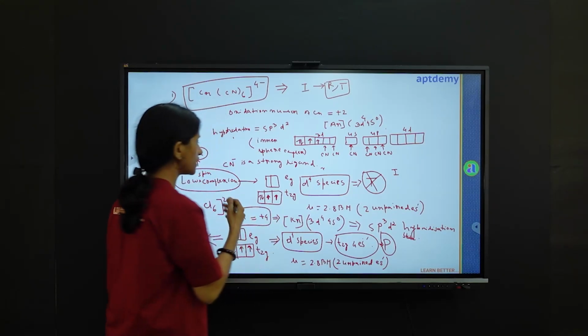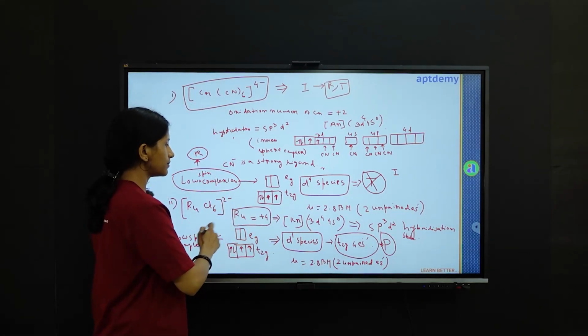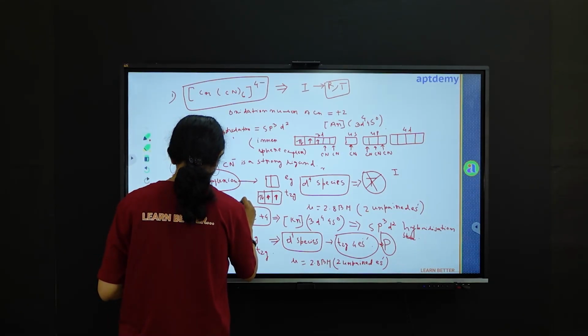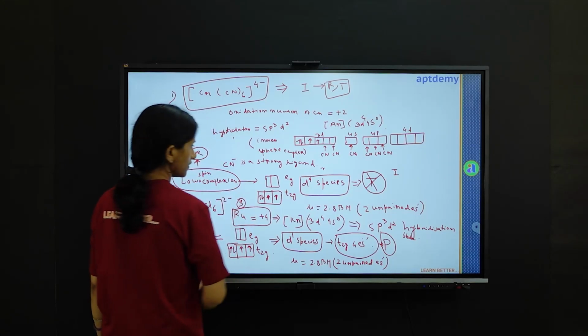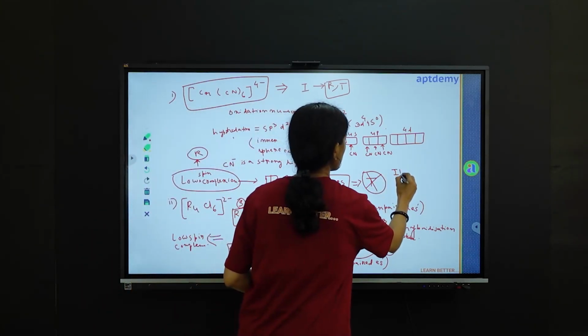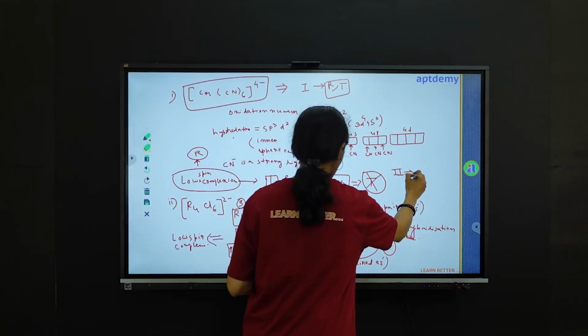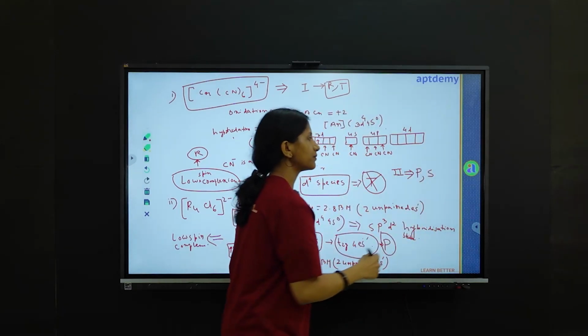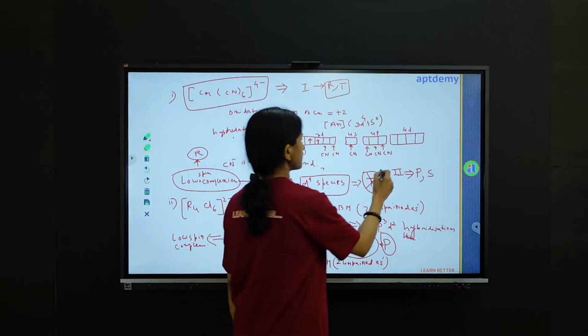This is similar to the property which is given in S, right? So for complex 2, we can write that it is matching the properties presented in P and S.